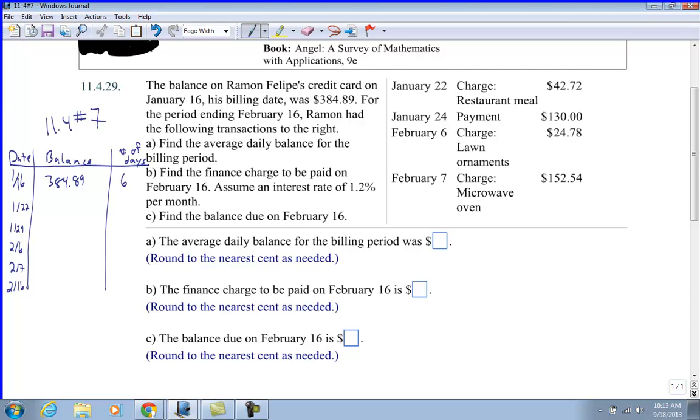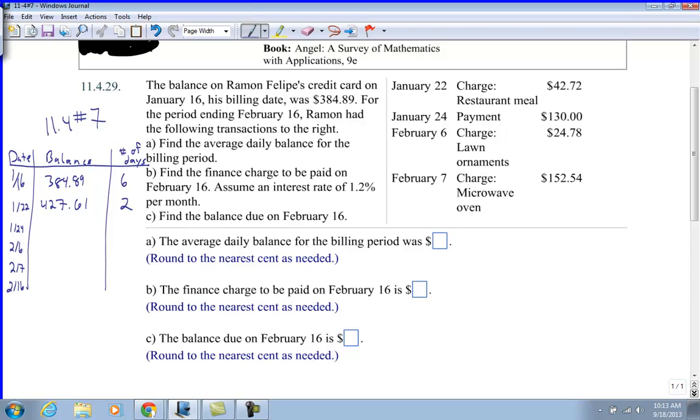So we have 384.89 plus 42.72. I get 427.61. Now from the 22nd to the 24th, 24 minus 22 is 2 days.